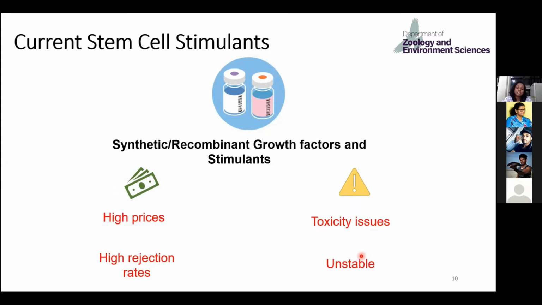Then there are toxicity issues, and because of the synthetic material they are sometimes unstable when applied, and they have high rejection rates because these recombinant stimulants come from other animal origins, and so on. There are a plethora of drawbacks in these current stem cell stimulants.